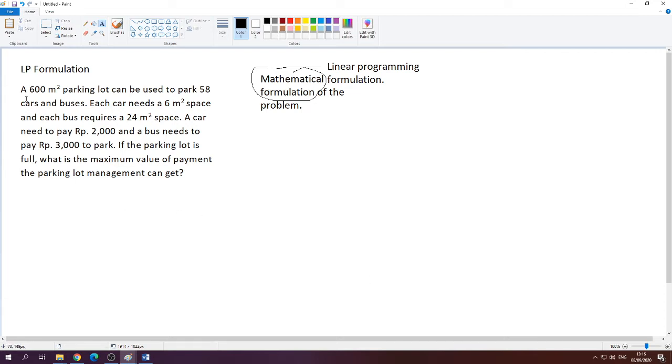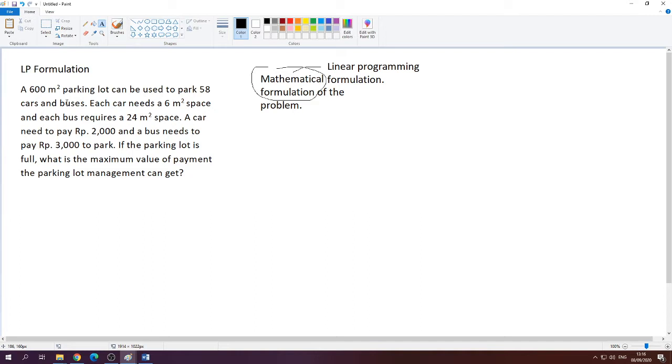So we have a 600 meter square parking lot, and we can use that parking lot to park 58 cars and buses. So the number of cars and buses that we can park combined in that parking lot is 58.